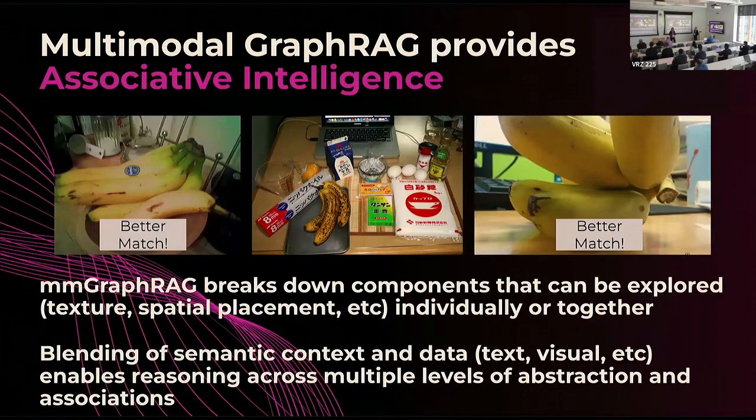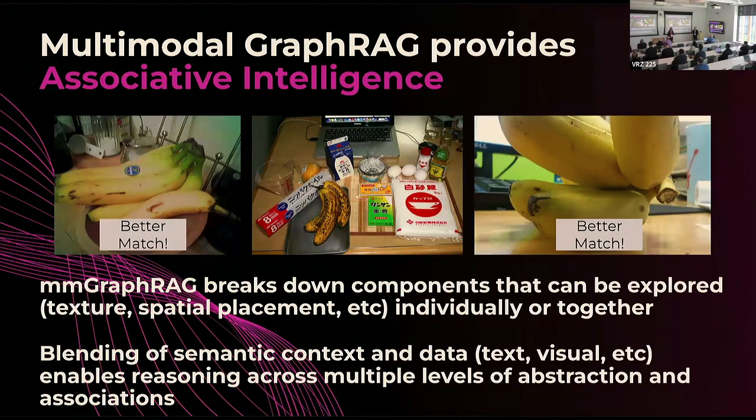There's some other ways we could do that, and that's using multimodal GraphRAG to provide associative detail. So things that are associated but aren't just similar. So what multimodal GraphRAG does, as opposed to just showing us a bunch of images of bananas, which here we've got, if I said this is the result of give me bananas on a wooden table, there's some decent matches here, but the better matches are actually on the edges.